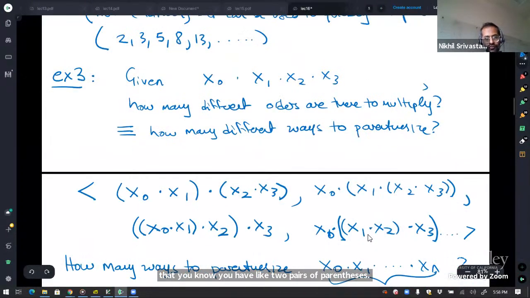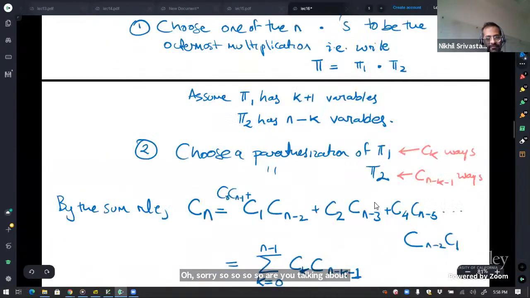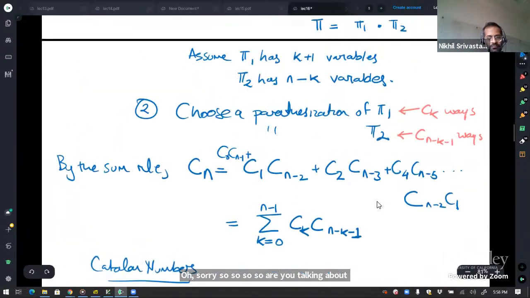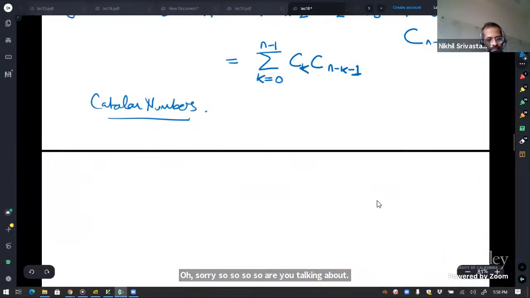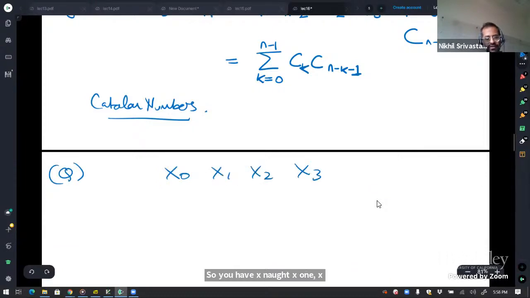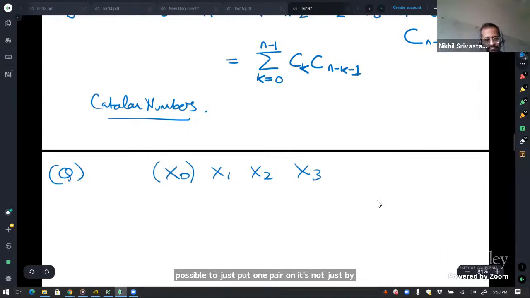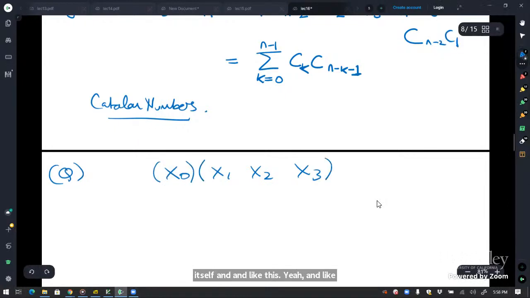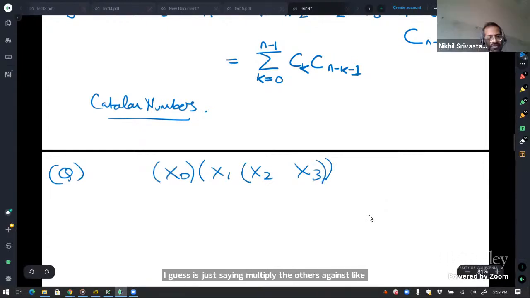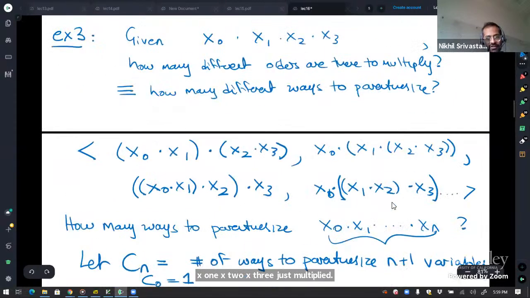Sorry, so are you talking about x0, x1, x2, x3, and where do you want to put the parentheses? Is it possible to just put one pair on x0 just by itself and then multiply the others together, x1, x2, x3? Yeah, absolutely, and that's included here.